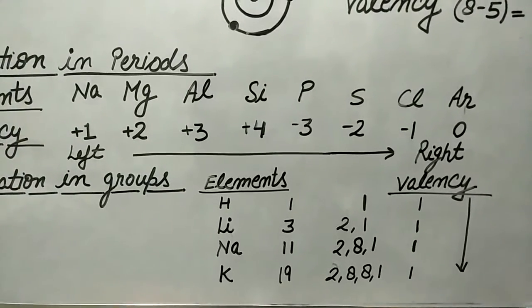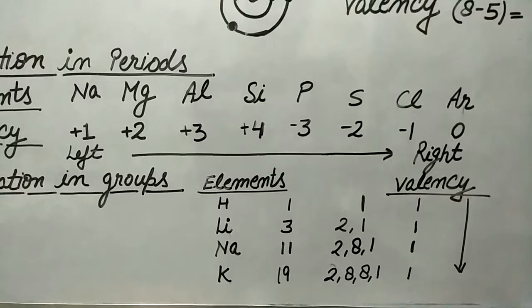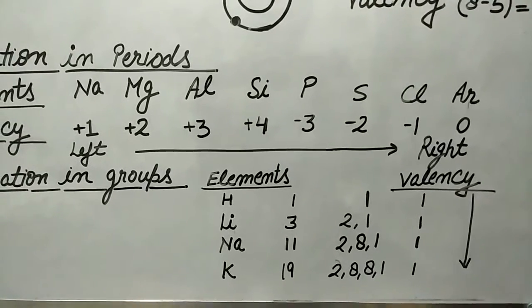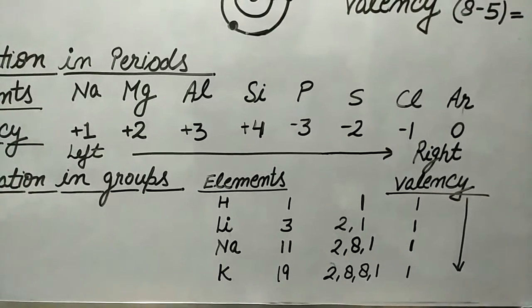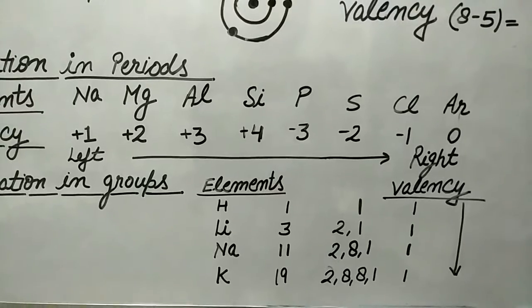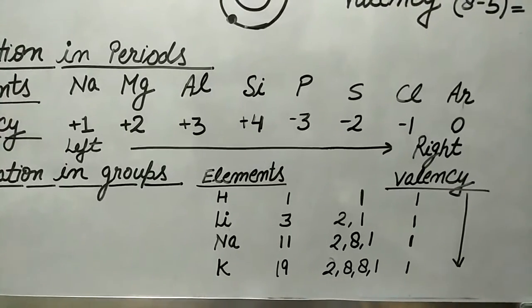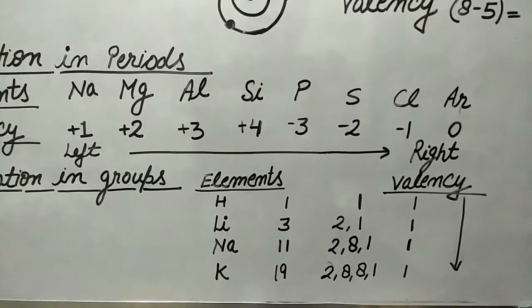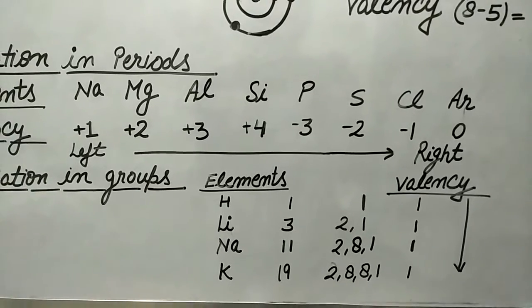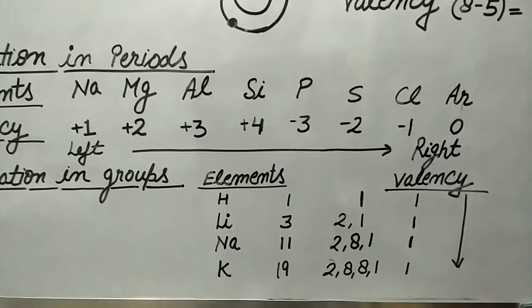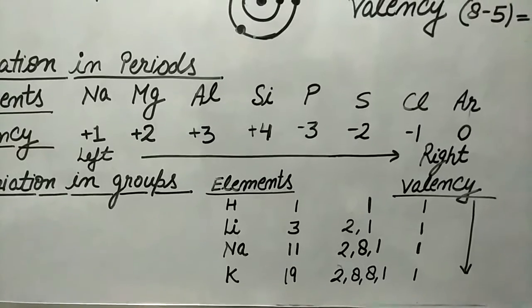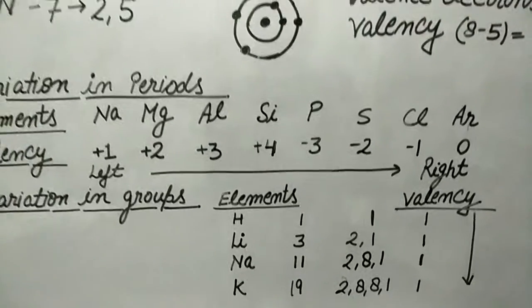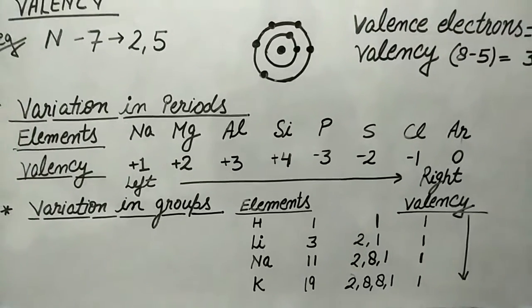Similarly, sodium's atomic number is 11, configuration 2, 8, 1, so valency is 1. For potassium, atomic number 19, and valency is 1. So here we observe that when we move from top to bottom in a group, the valency remains the same, that is 1. So these are the trends in valencies.